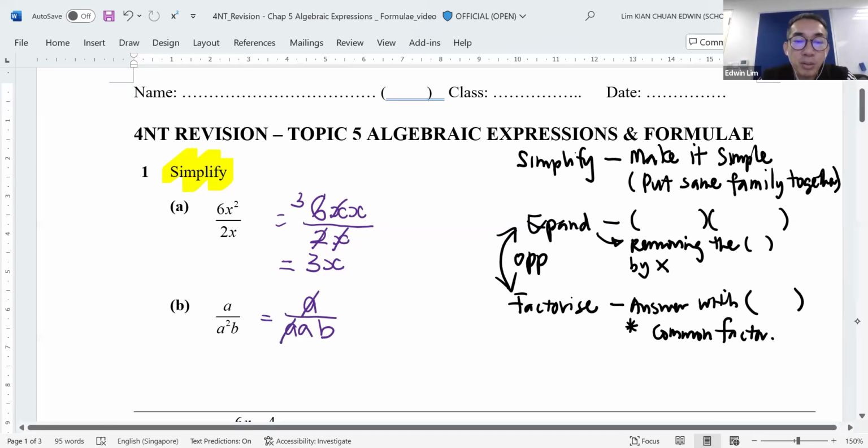But please remember, when we divide it off, it doesn't mean that it is gone. It will still be a fraction because there are still some items, a and b, at the denominator. So my final answer for this is 1 over ab. It's not going to be just ab. So be careful about that for part B.